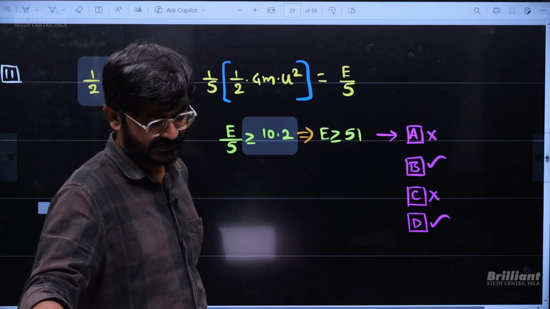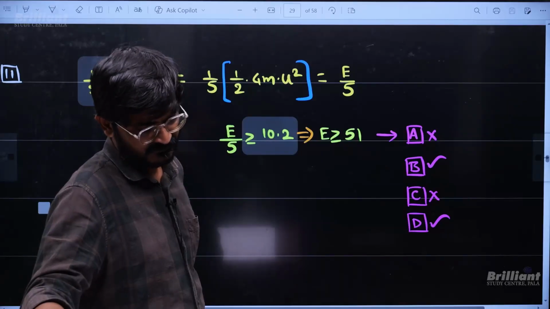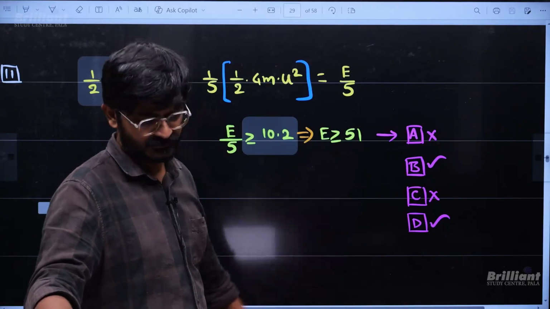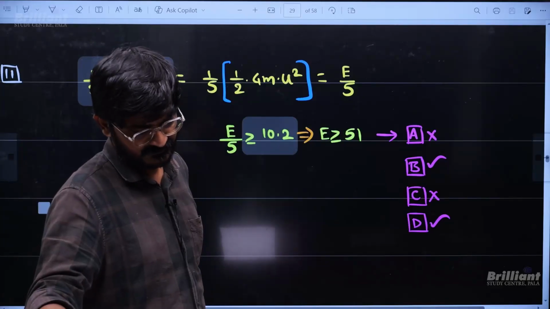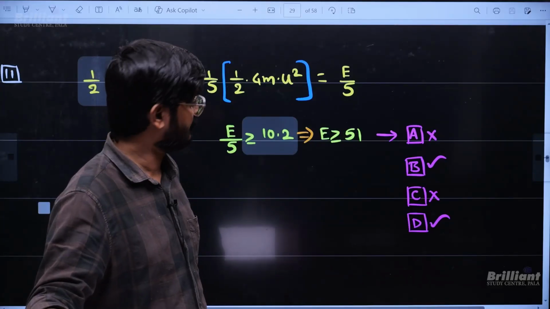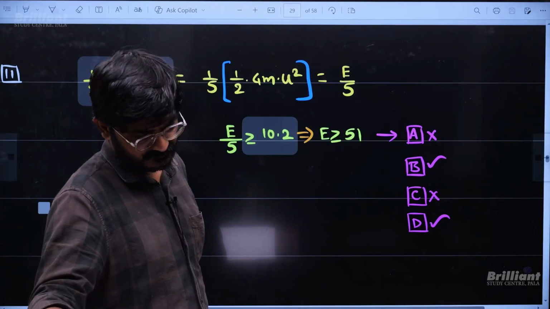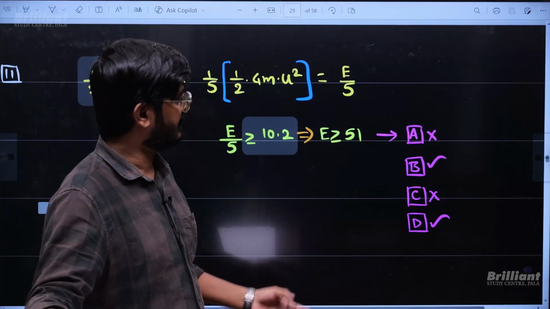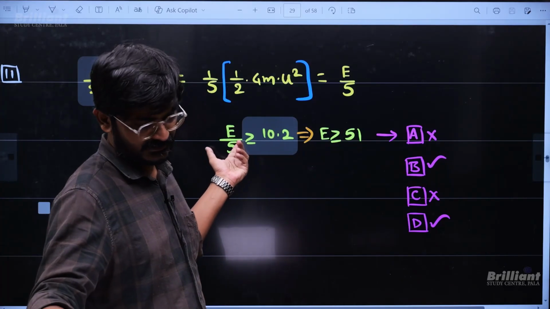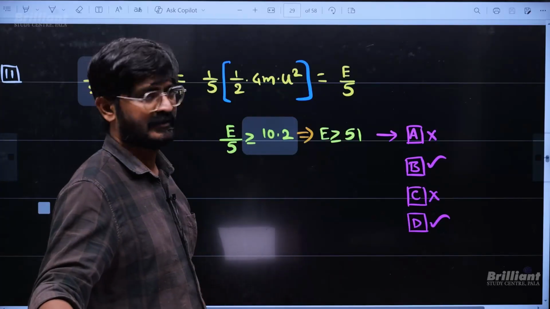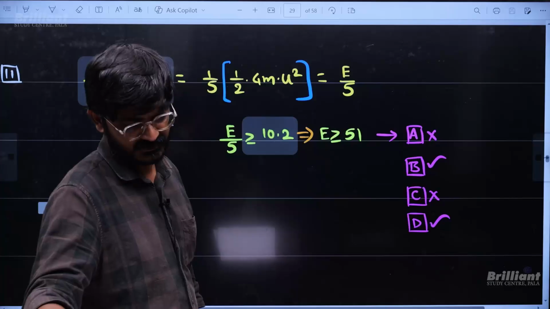For 60 it may happen, yeah, like in some inelastic case where it can lose 51 units of energy. It loses 10.2 units of energy. See, if they give 60, the meaning is 60 by 5, 12. So it can lose 12, but even if it loses 10.2, that's sufficient for us.